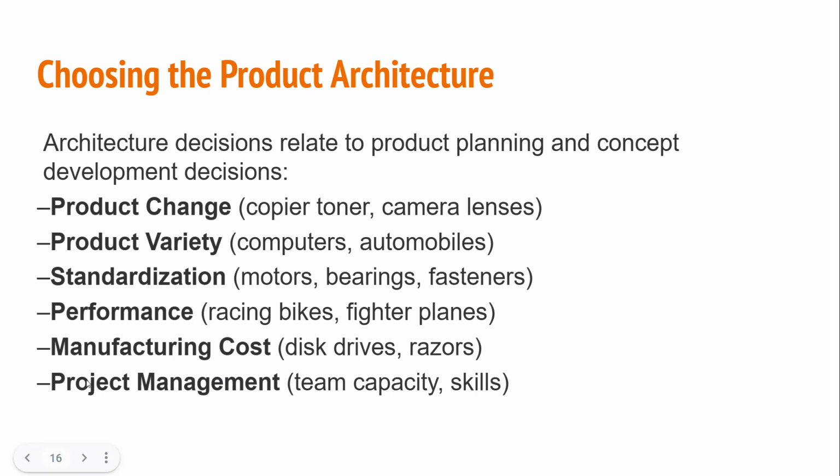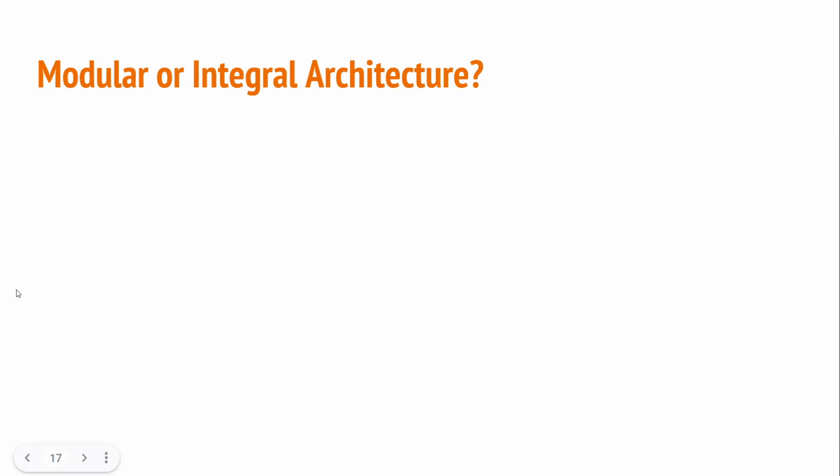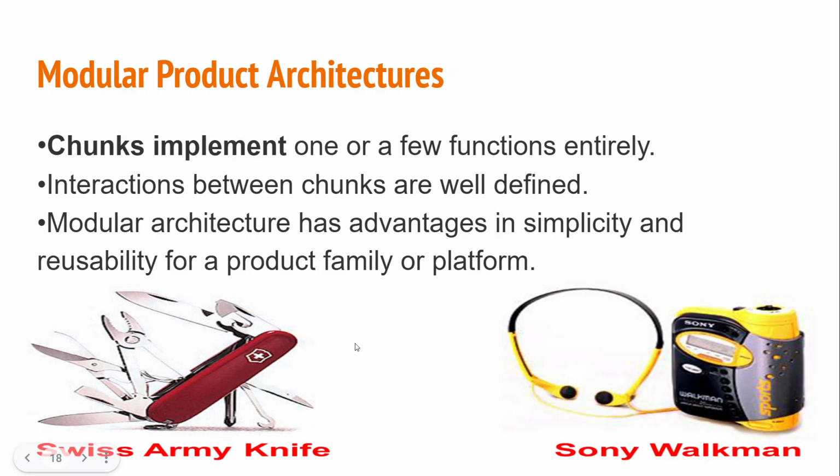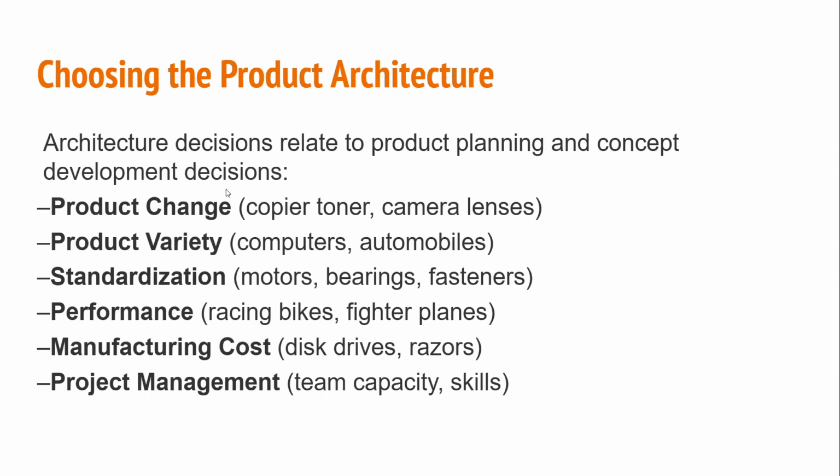Choosing the product architecture. These are the parts. Architecture designs relate to product planning and concept development decisions. Product change: copier toner, camera lenses.